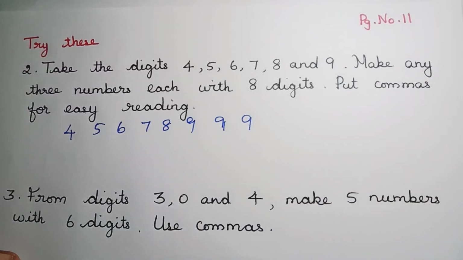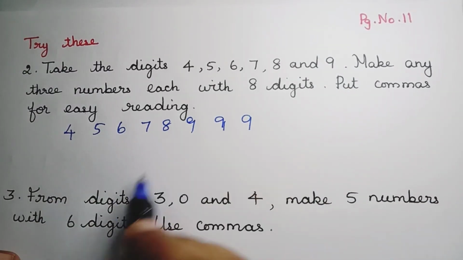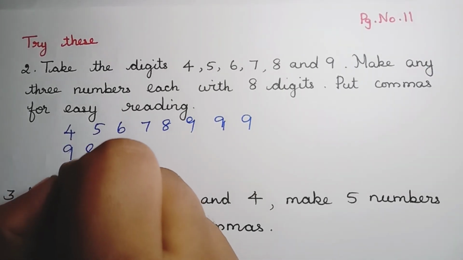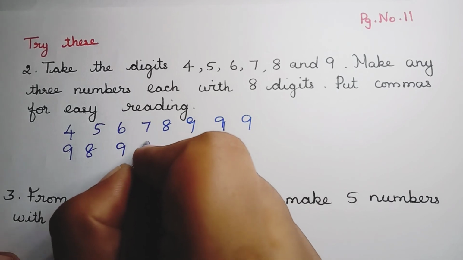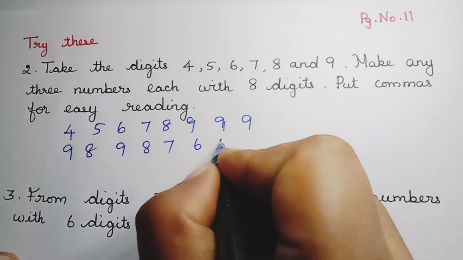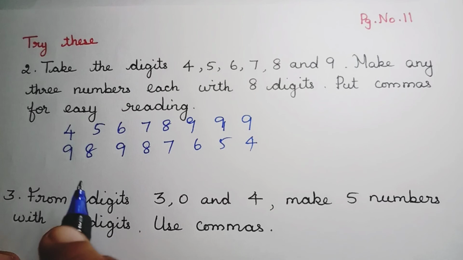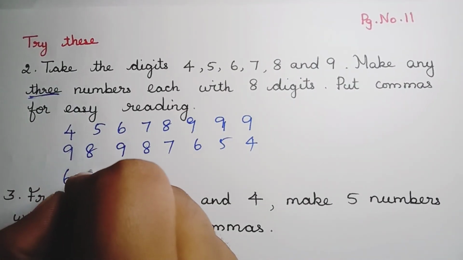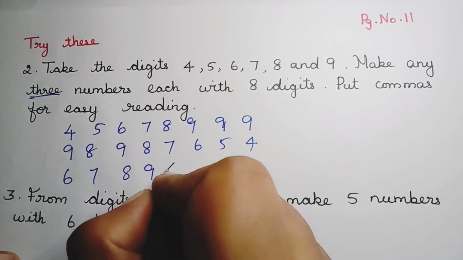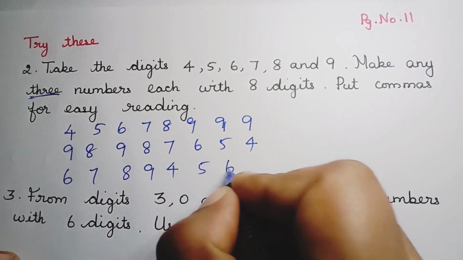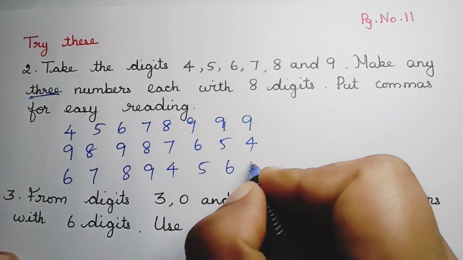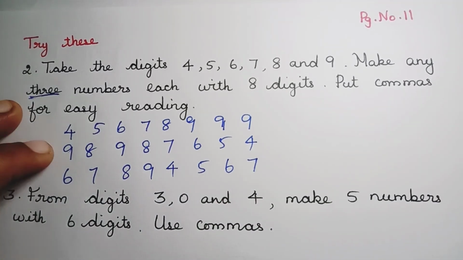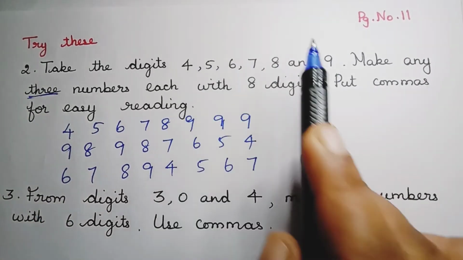Okay, so total you have 8 digits. So again you can write it: 9, 8, 9, 7, 6, 5, 4. So you are asked to write 3 numbers. So you have to write one more: 6, 7, 8. Okay, so we have written 3 numbers with 8 digits using these digits.